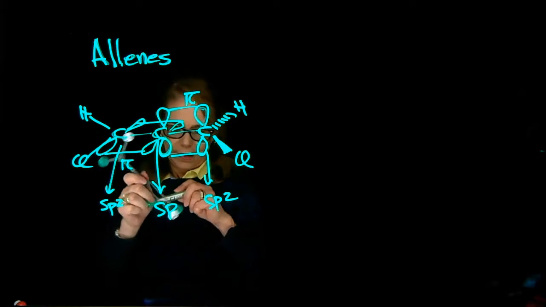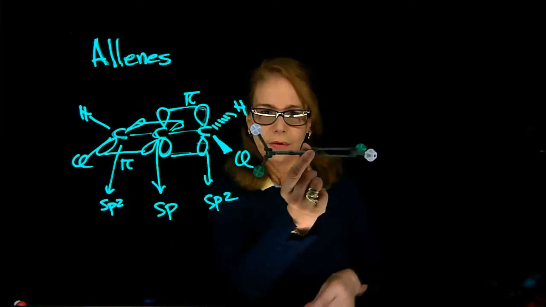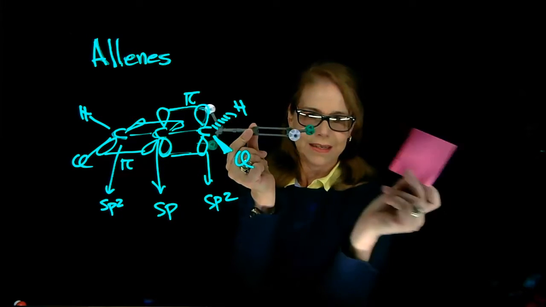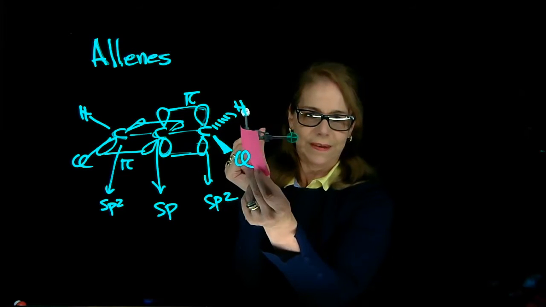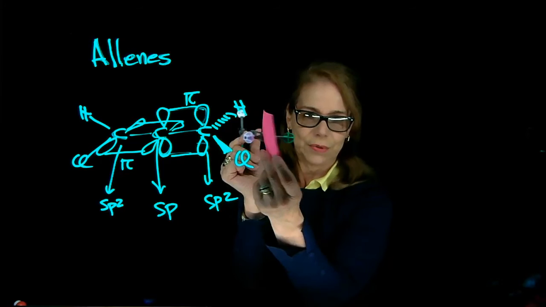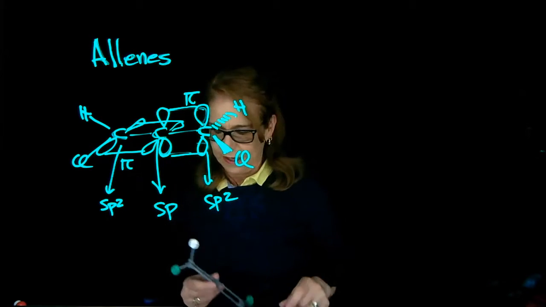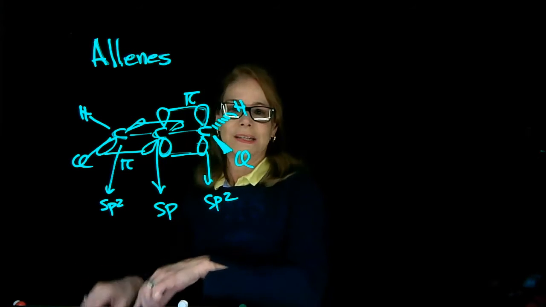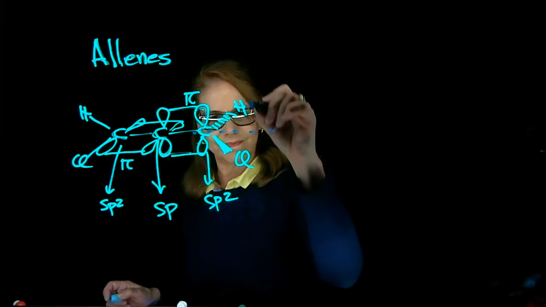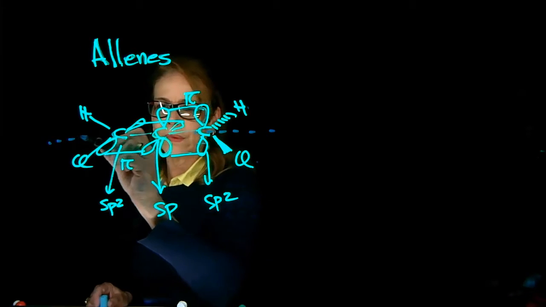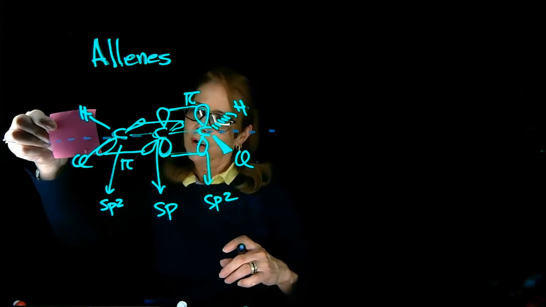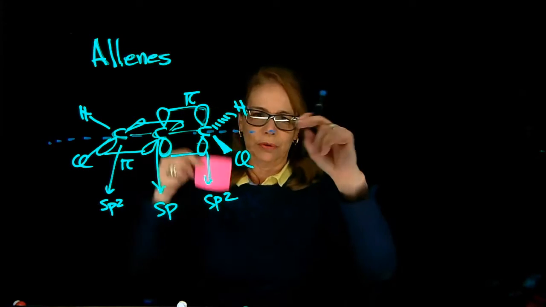Now let's try to see if we have a plane of symmetry. You can imagine having a plane bisecting this. Notice that I cannot mirror hydrogen and chlorine as we did before. Even if I have a plane containing these two, I will not be able to mirror the other two.